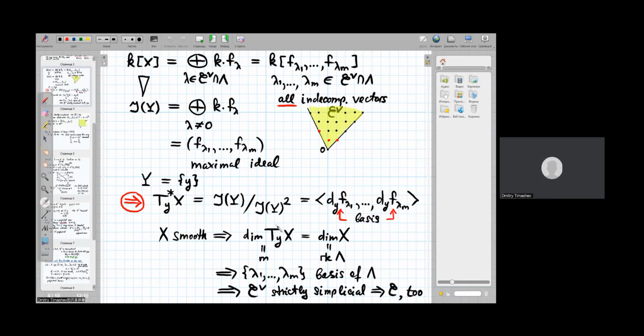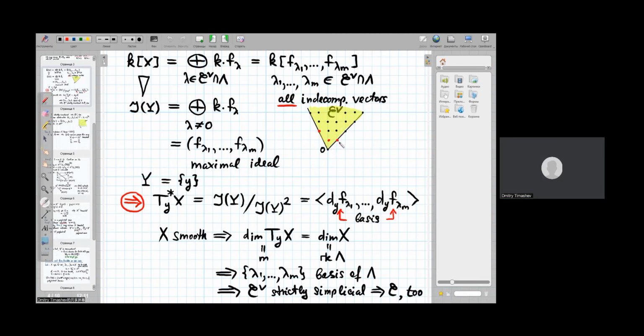You are right that from this equality, you have that this is a basis of the vector space. But recall that this set of vectors is all indecomposable vectors in this column. All indecomposable lattice vectors in this column. So this means that all lattice vectors in this column are integer linear combinations of lambda 1 to lambda n. And this implies that it is a basis of a lattice, in fact.